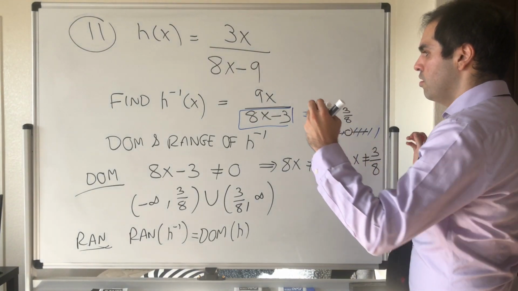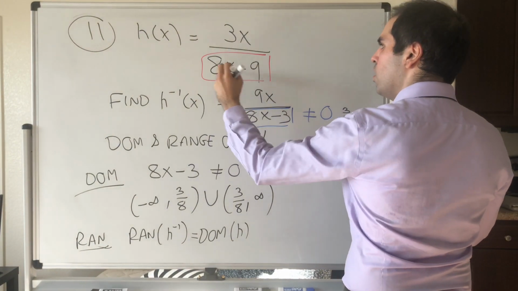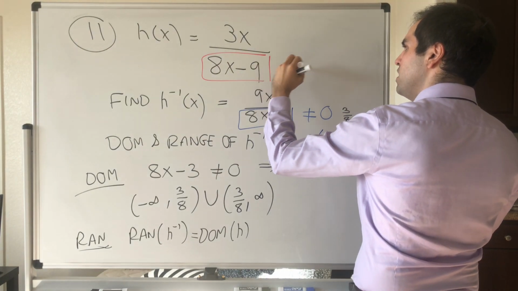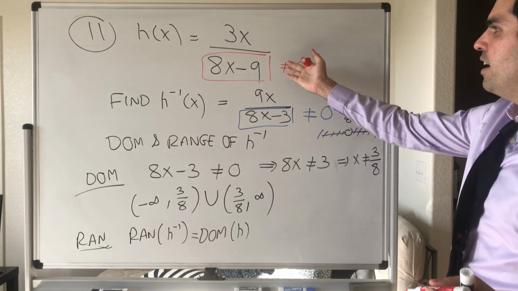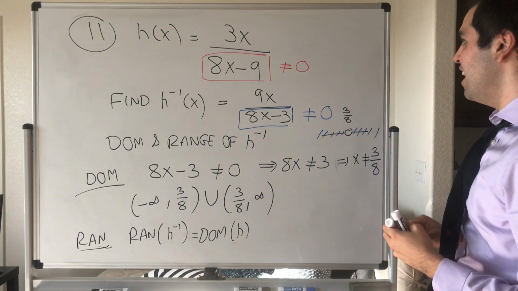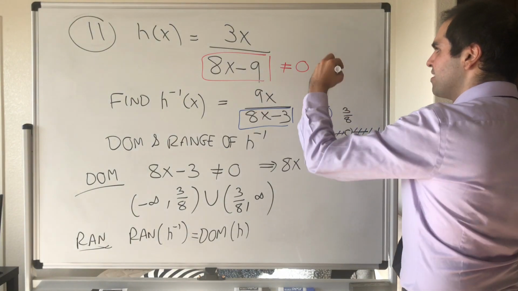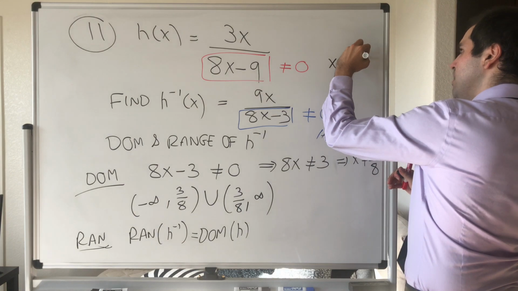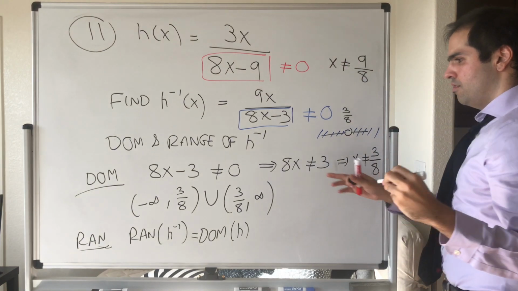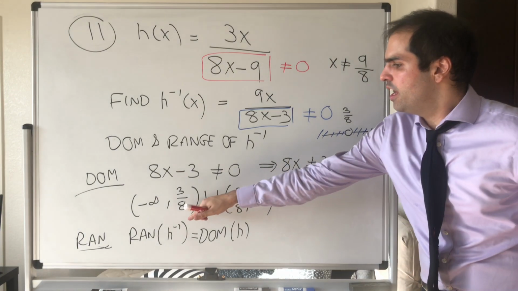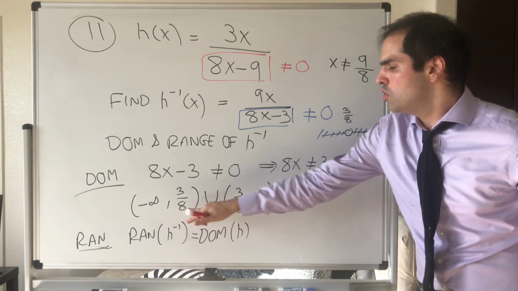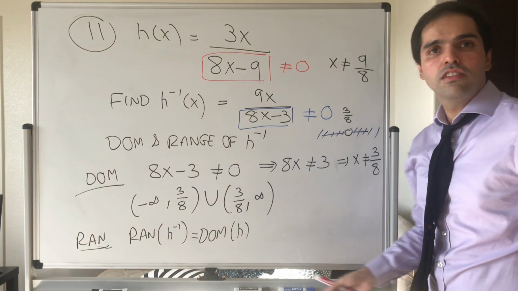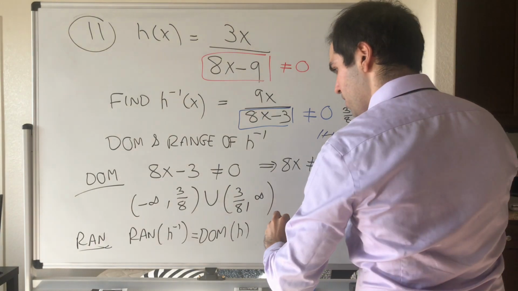And here what you want is 8x minus 9 to be non-zero. And in an exactly identical fashion, you find x is not 9/8. Exactly the same, and in particular for the range, you just do the same thing, but you replace 3/8 by 9/8.